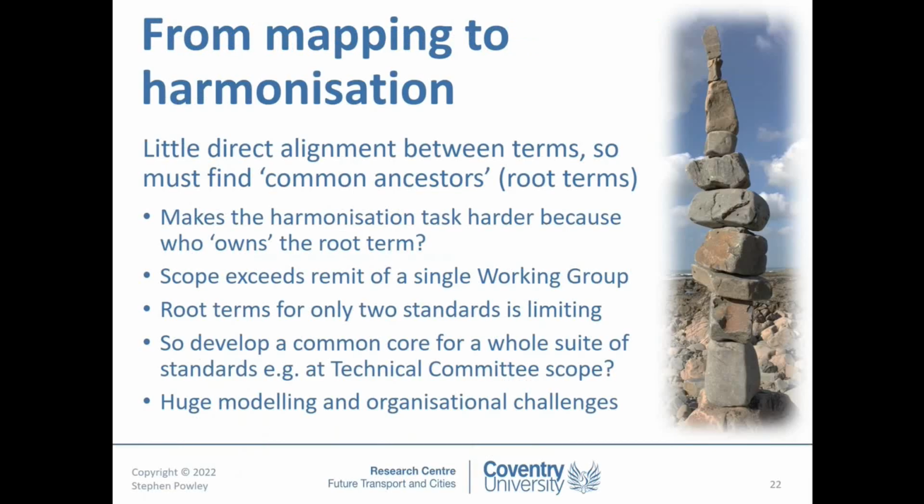So with those mappings created, we would hope potentially in future to achieve that value-adding unification, as it's known by INCOSE in the loss-driven systems engineering initiative. In ISO it is known as harmonisation. And what we found when we mapped the two standards for cybersecurity and functional safety is that there's actually little direct alignment between the terms, despite the fact that a lot of the terms in 21434 might have been modified from 26262.